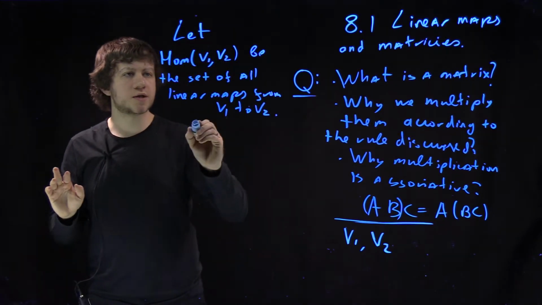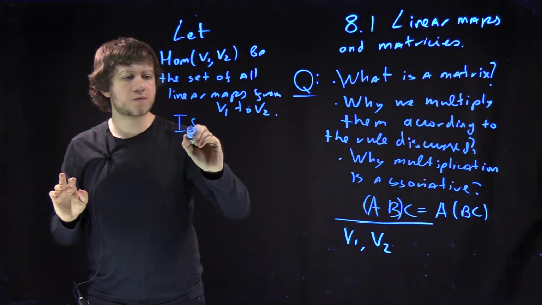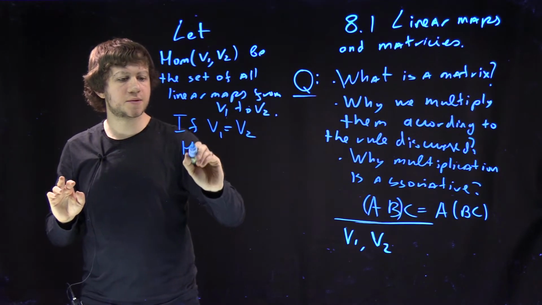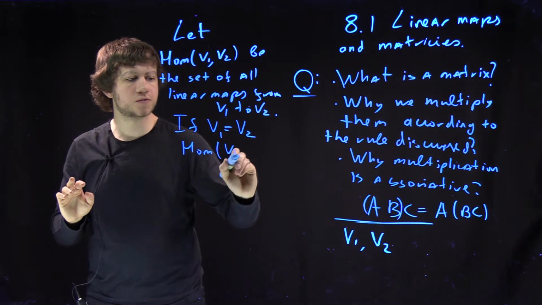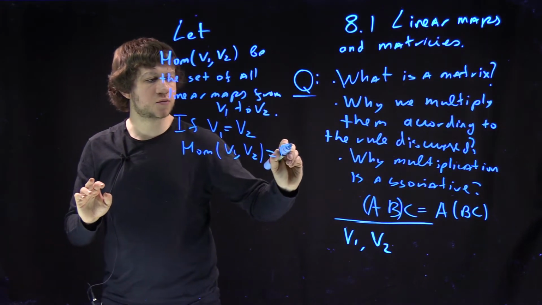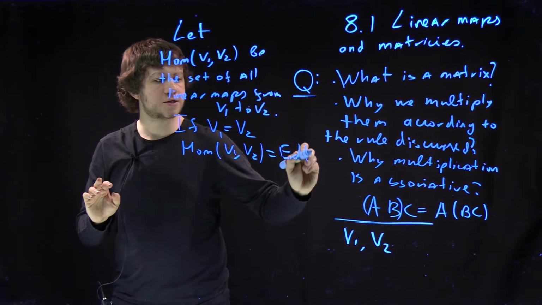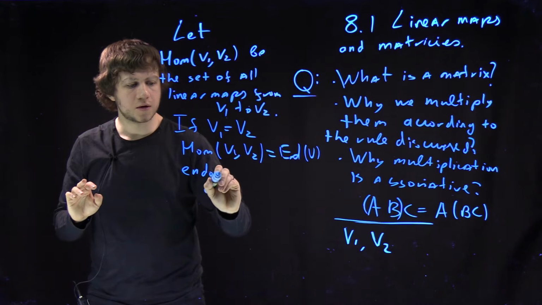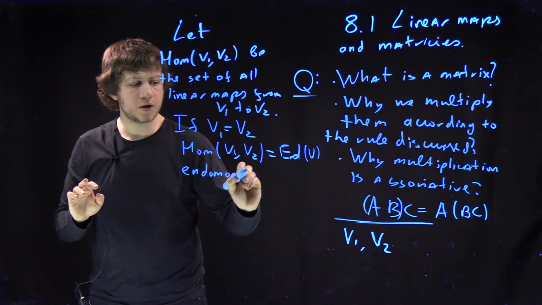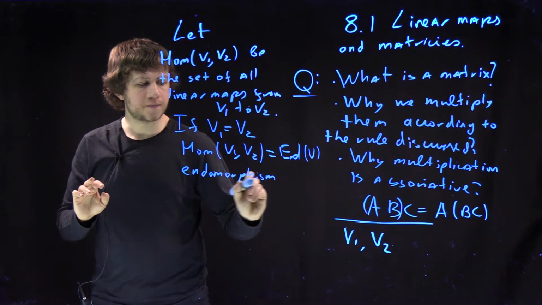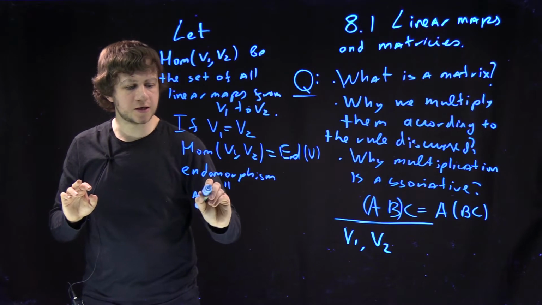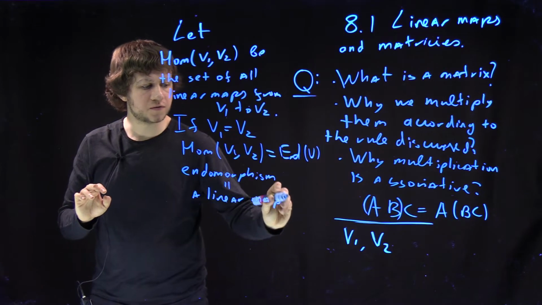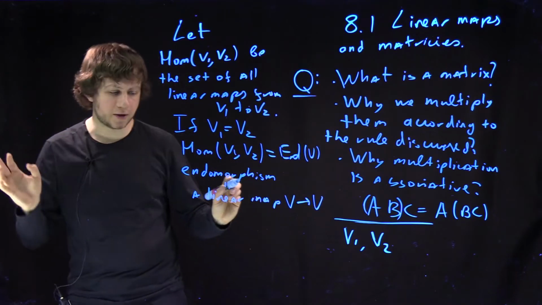Also sometimes if V1 and V2 are just the same vector space, then people denote this Hom from V to V as End(V), endomorphisms. This is the same thing as a linear map from V to V, and there is another name for it which I will actually use a lot.